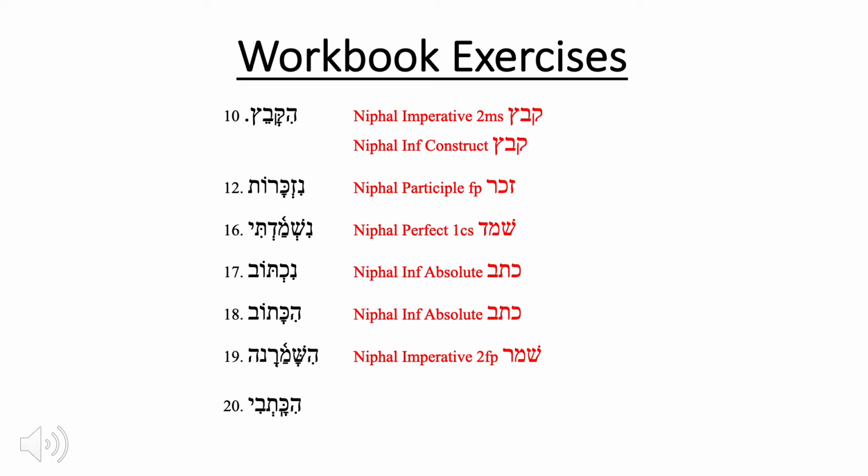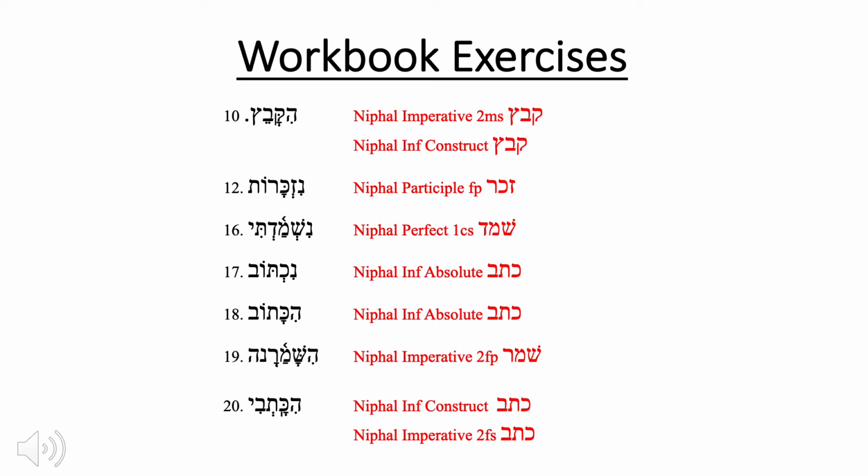Again, notice the hey, notice the qamets, notice the dagesh. This is a nifal infinitive construct or a nifal imperative 2fs. Again, we have the hey at the beginning, which tells us that we're either dealing with an infinitive or an imperative. We have the hireq yod at the end.